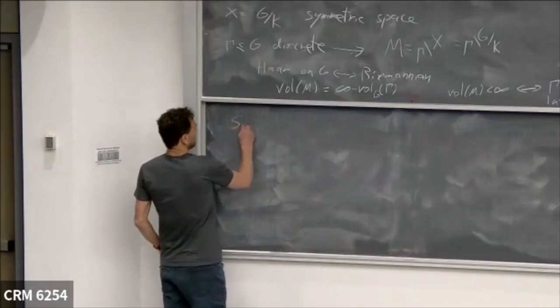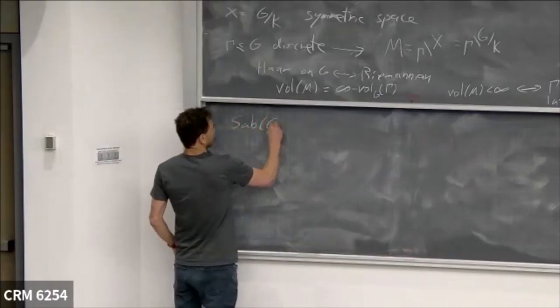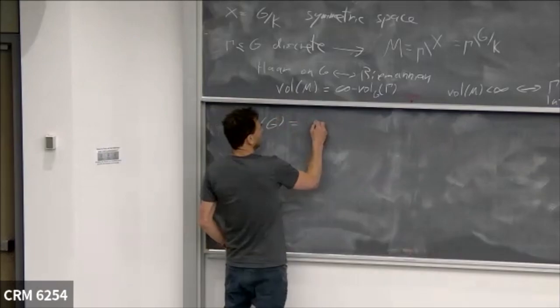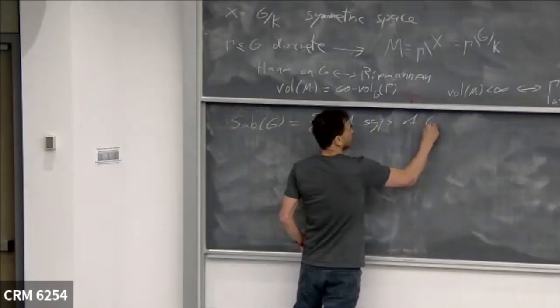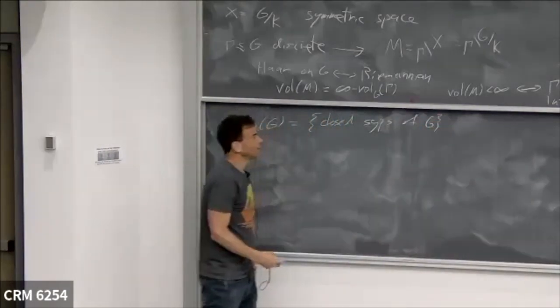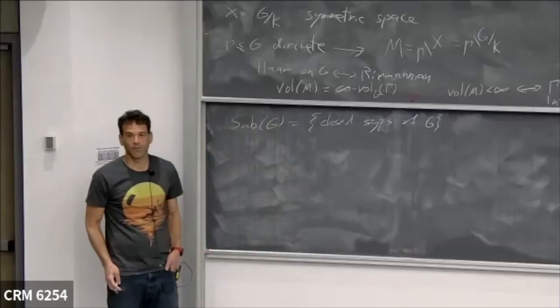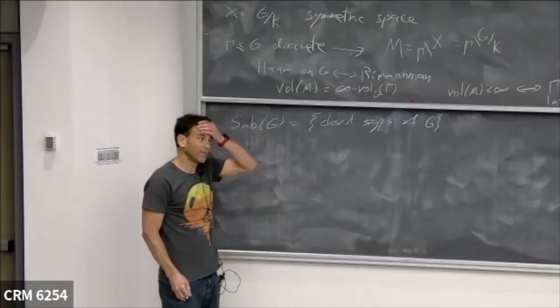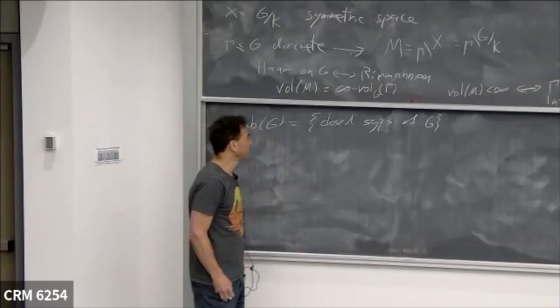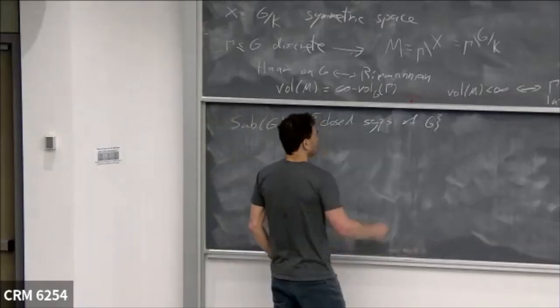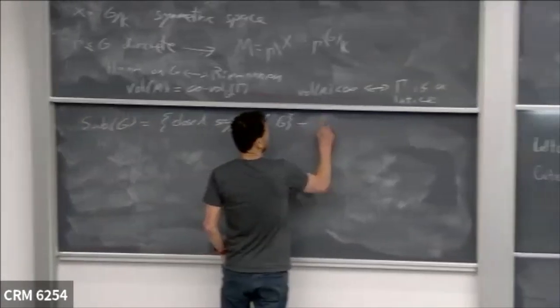We denote by Sub(G) the space of closed subgroups of G, and there is a natural topology which makes it a compact metric space. It's called the Chabauty topology.